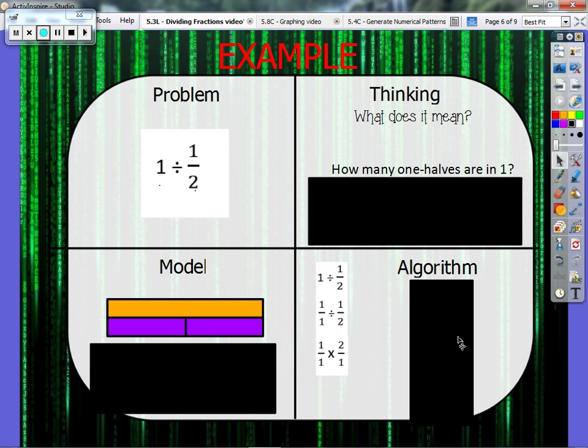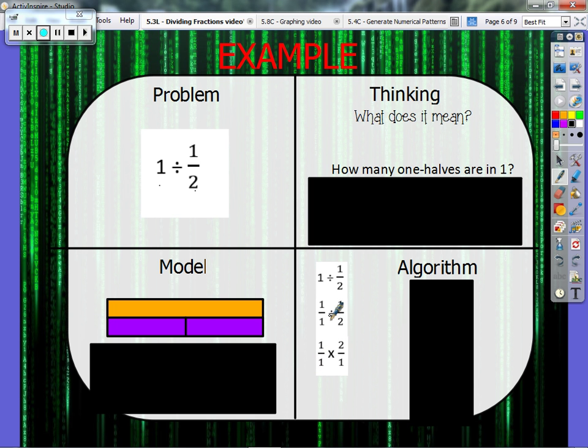So now let's move into the algorithm here. And the same way as we did earlier, we have 1 whole, we're dividing that by half. We've got to turn that whole number into a fraction, and we do that by adding 1 as a denominator. And now we have 1 over 1 divided by half. And now we're going to do our keep. Remember, we keep the first fraction the same.